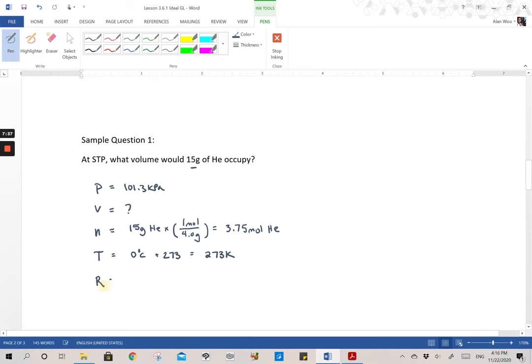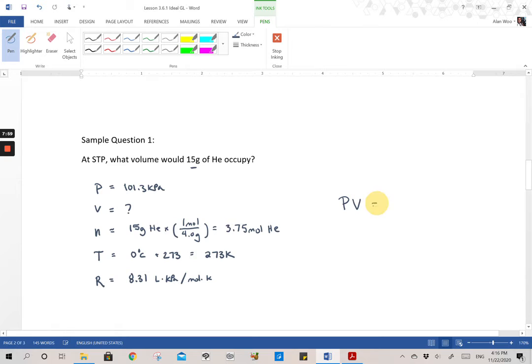R is the constant, so we already know that value. That's going to be 8.31 liters kilopascal over moles Kelvin.